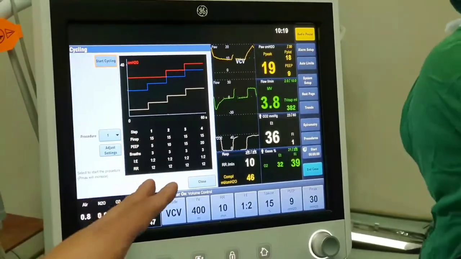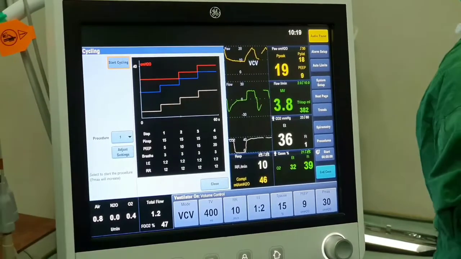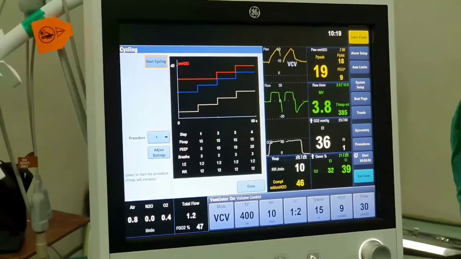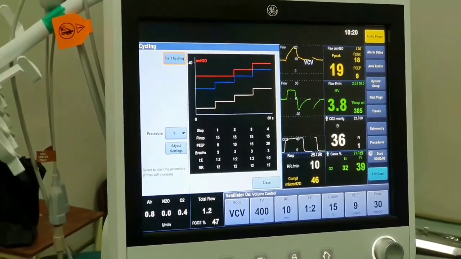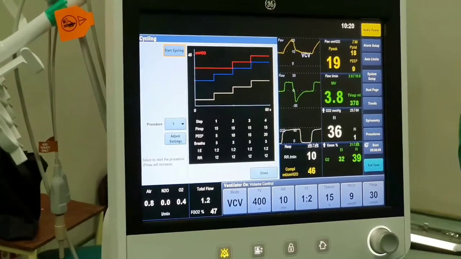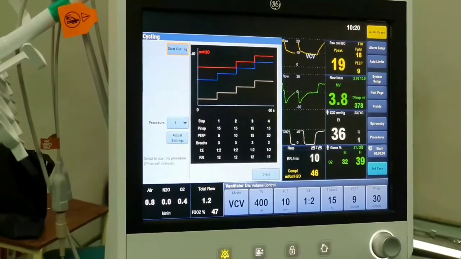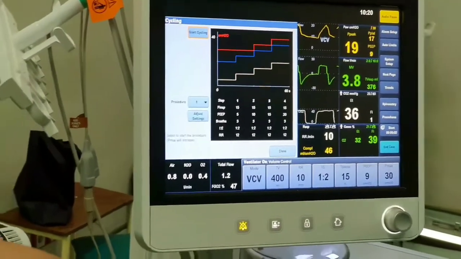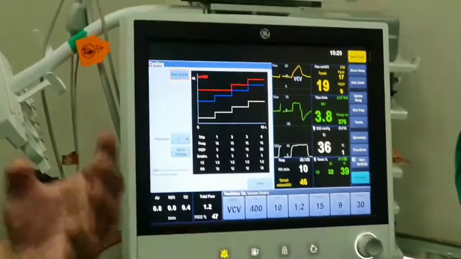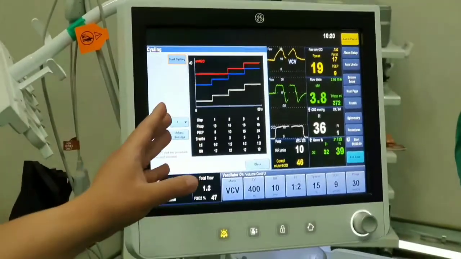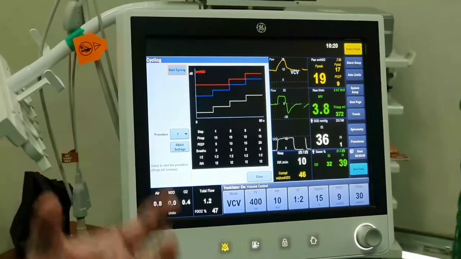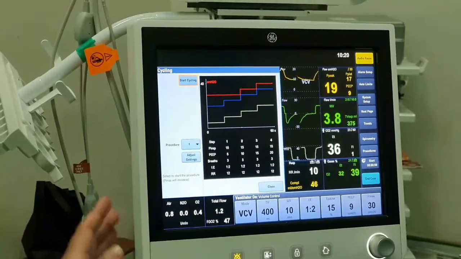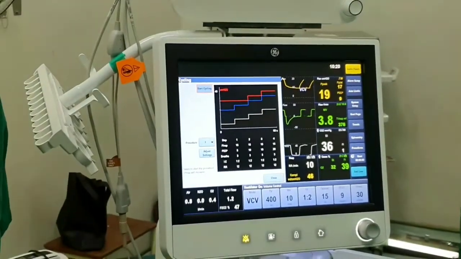For the settings here, these should be individualized per patient. What we have provided here is just a template, just an example. I am not saying that you use this for all your patients. It should be individualized.